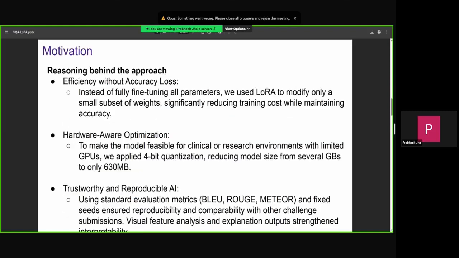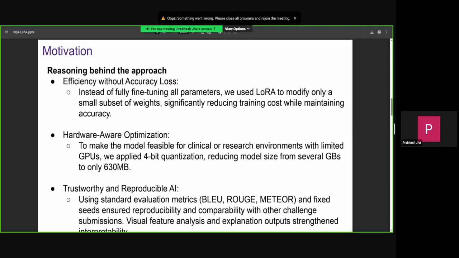So why did we go this route? Our motivation was that instead of fully fine-tuning all the parameters, we used LoRA to modify only a small subset of weights, significantly reducing the training cost while maintaining accuracy. Hardware-aware optimization made the model feasible for clinical or research environments.